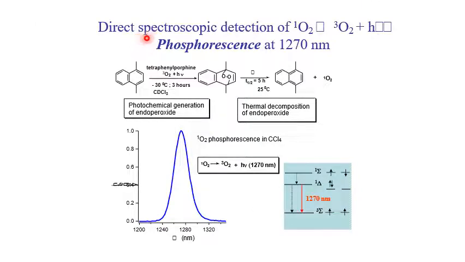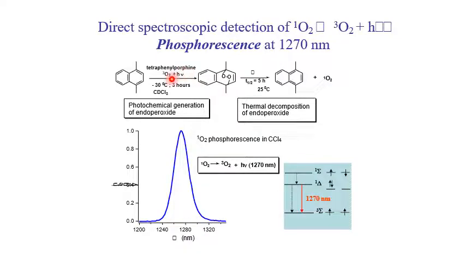Here I will discuss direct spectroscopic detection of singlet oxygen. This is an organic substrate, an anthracene or naphthalene based molecule. In the presence of a photosensitizer, tetraphenylporphine, this TPP system acts as a photosensitizer.